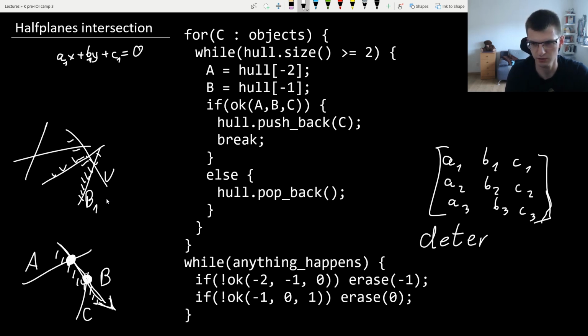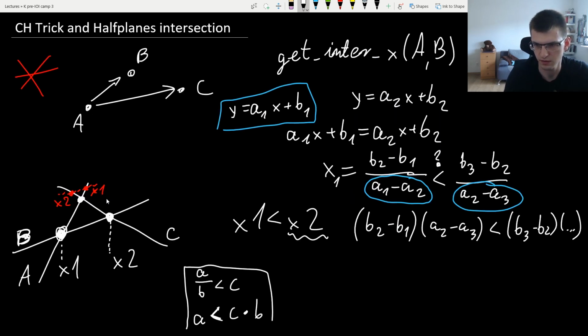This is the determinant. I hope I spelled that correctly. Determinant of matrix. We did the same thing actually in 2 dimensions. Here, checking that, this is exactly the determinant of a matrix. Of what matrix?